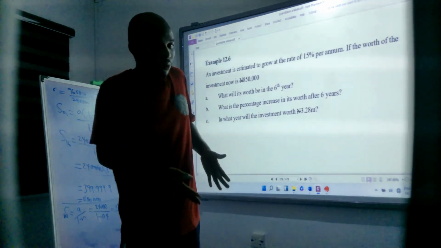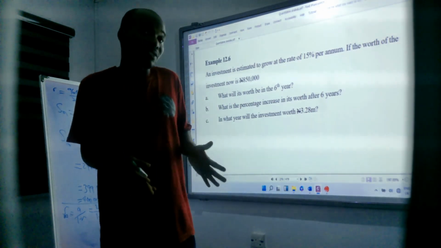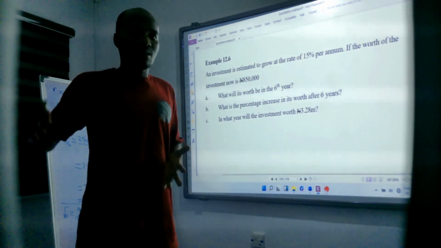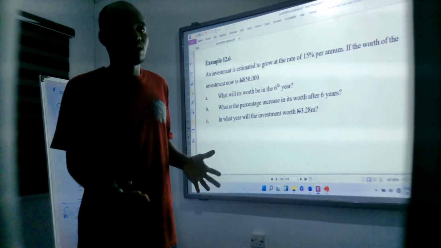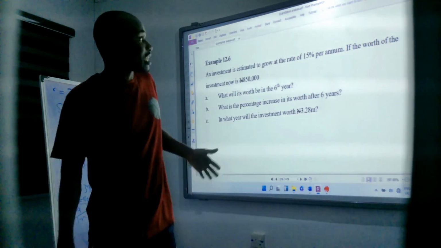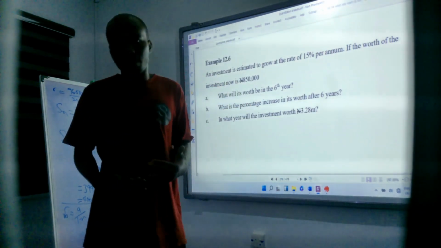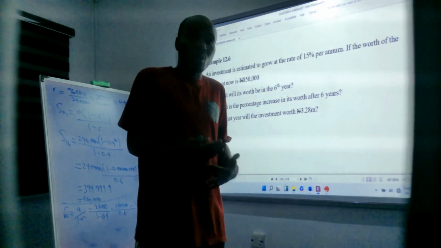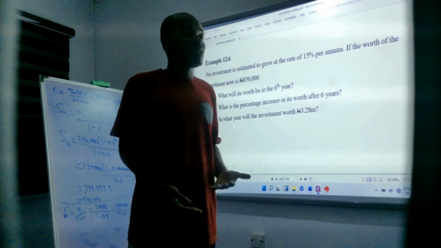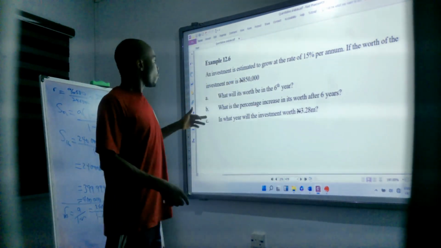That means in the first period it increased by 15%, so after the previous it will be 115%. When we did the 20% decline, we said the common ratio is 0.8 because it was falling. But this one is increasing by 15%, so our common ratio is 115%, which is 1.15.